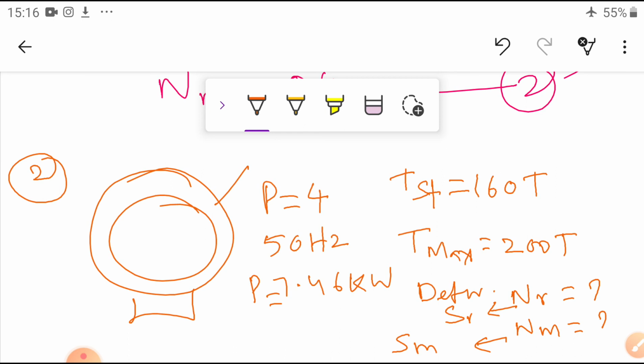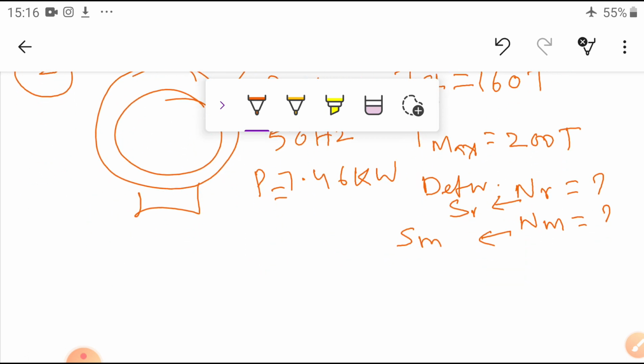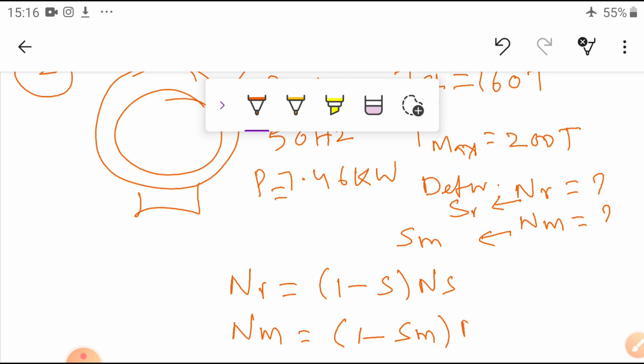Anyway, I know the equations. What is the equation? NR, the rated speed, is equal to (1 minus S) into Ns, and NM is equal to (1 minus Sm) into Ns.